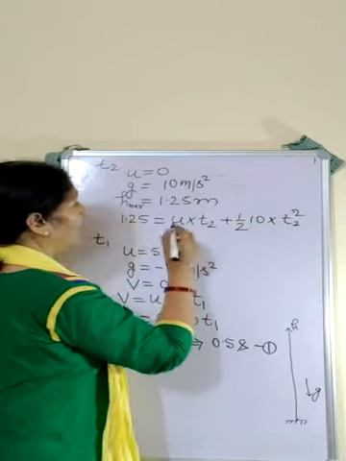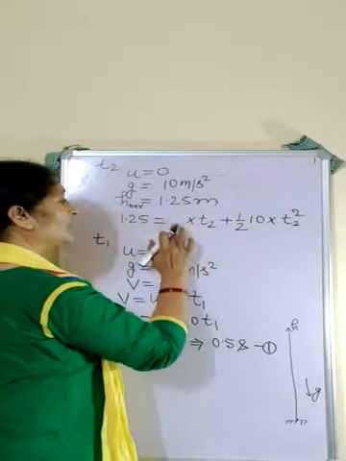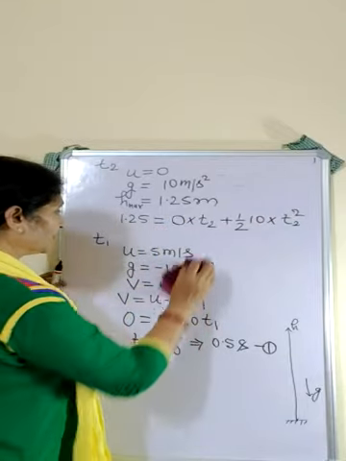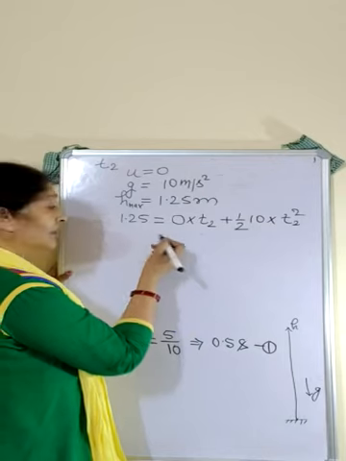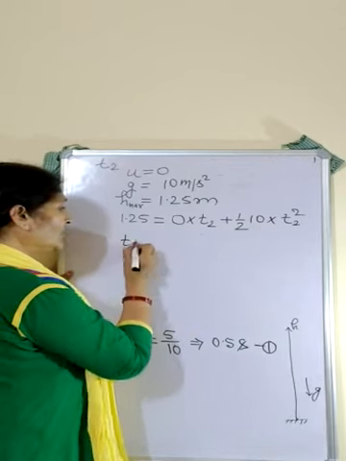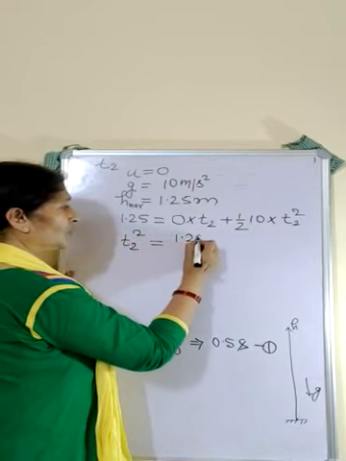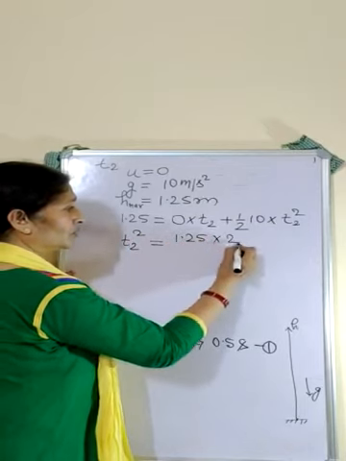Here the initial velocity we take as 0. t2 square is equal to 1.25 into 2 by 10.